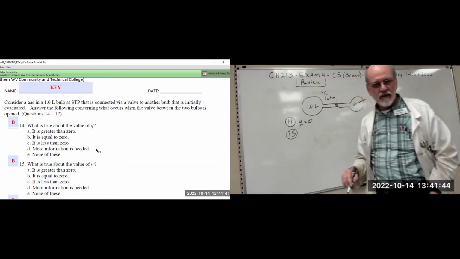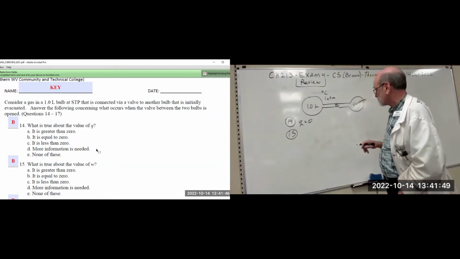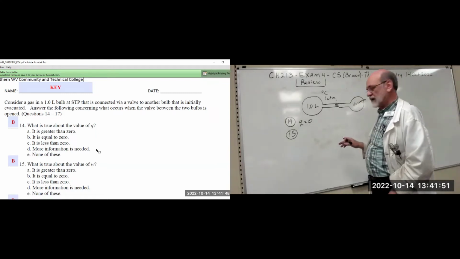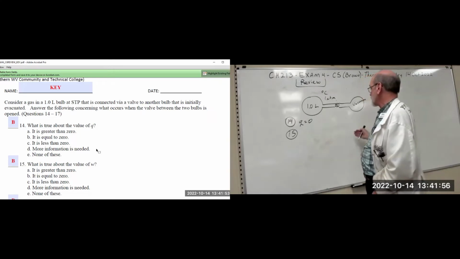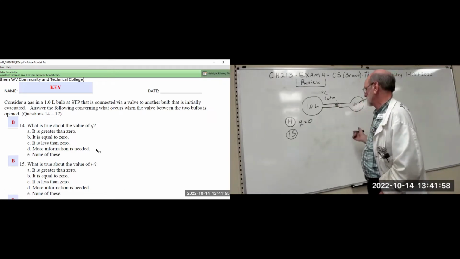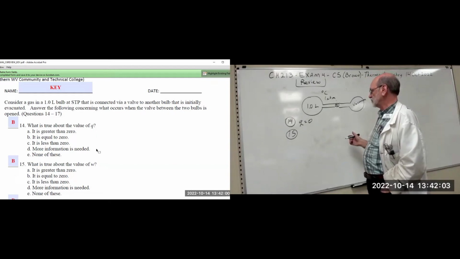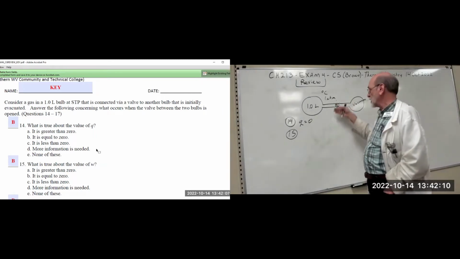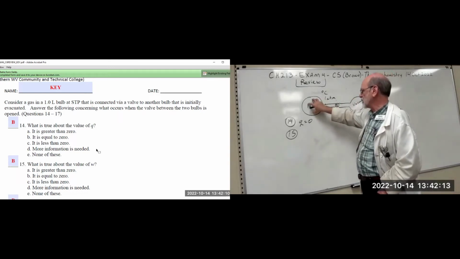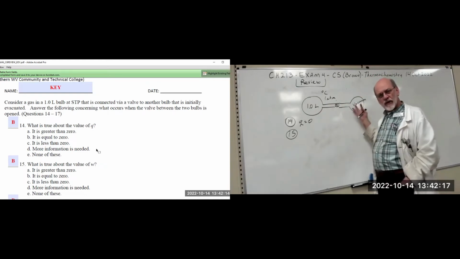How about 15? What is true about the value of W? Well, W is work. It's force applied through a distance. Is the gas expanding against a constant pressure? Well, no, there's pressure here, but it's not expanding against a pressure.